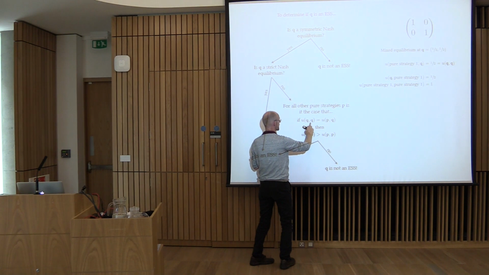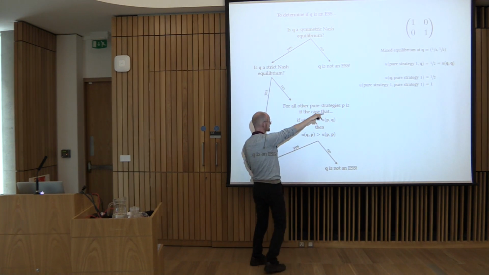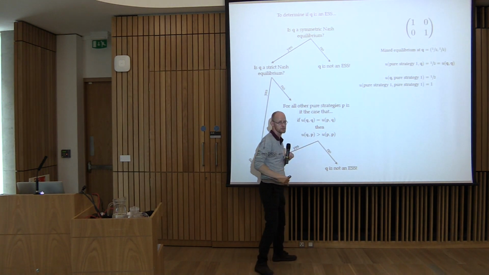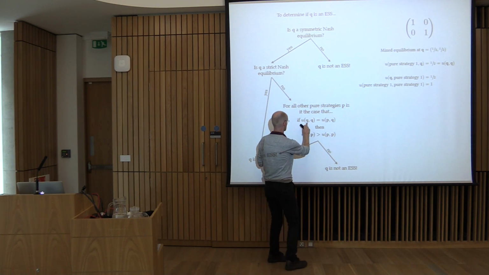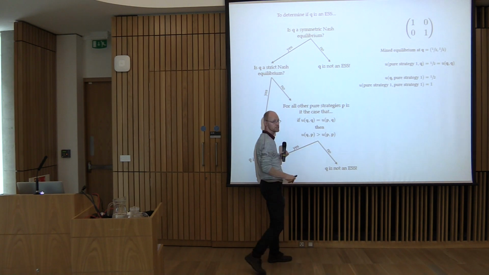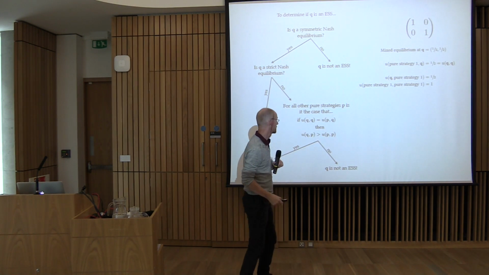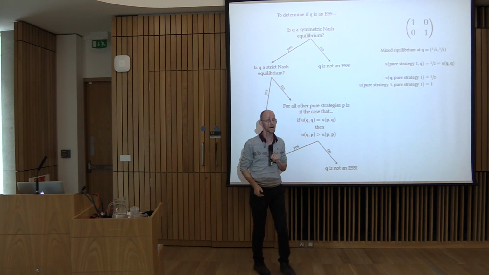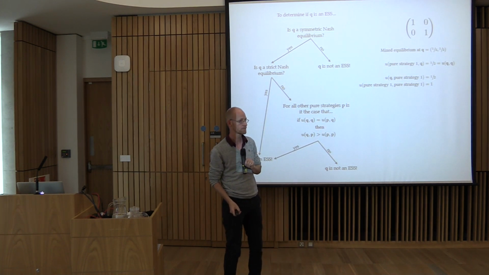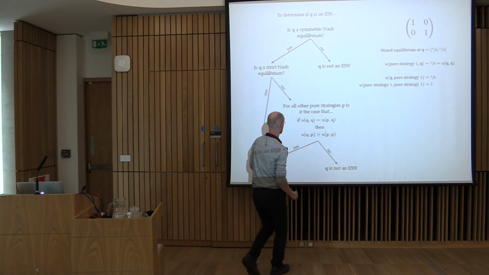This is now Q, the mixed action. Is that an evolutionary stable strategy? Well, mixed versus mixed has an expected utility of a half. But you playing the first action against the mixed strategy also has an expected utility of a half. So it's equally good. You see that? Okay, so then you have to check.